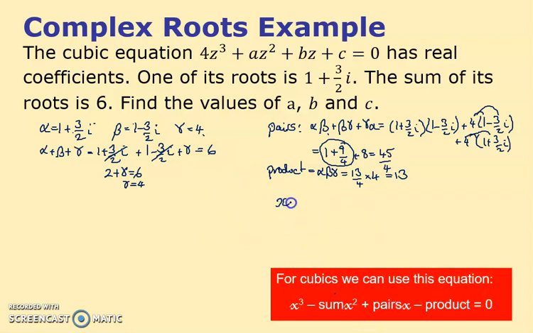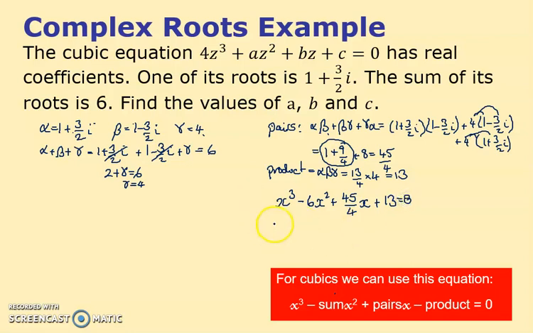I reckon the equation is x cubed minus the sum 6 x squared plus the pairs. Pairs is 45 over 4 x plus 13 equals 0.